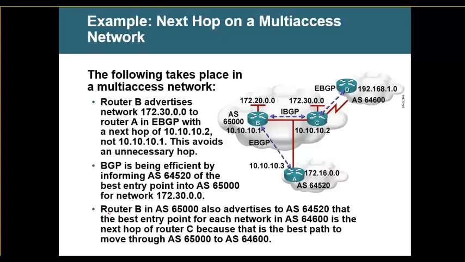So then what configuration next, on which router do we need to do? No configuration is needed for this. We are just learning the default behavior. When you have multi-access, usually we expect B's address should appear in A as a next hop, but that is not going to be true, because the best entry to reach autonomous system 65000, to reach 172.30.0.0, is 10.10.10.2.